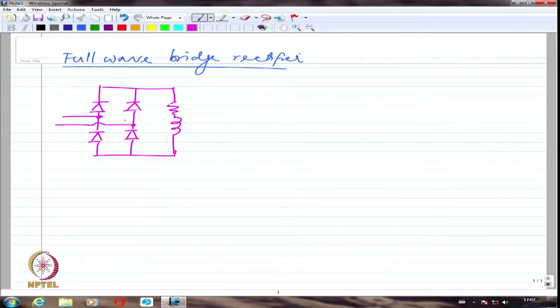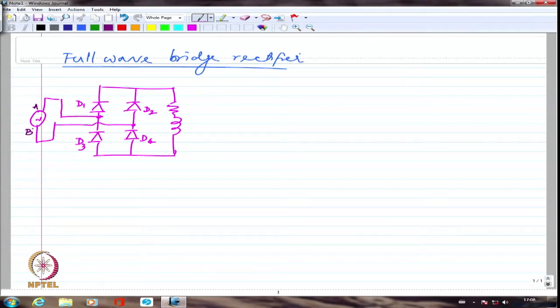So we said that we would number this as D1, D4, D2, D3, and here is the AC source. So I am calling this as A and this as B.